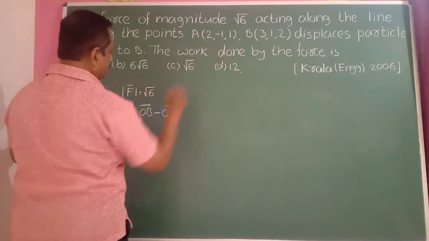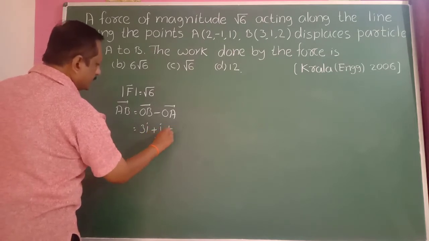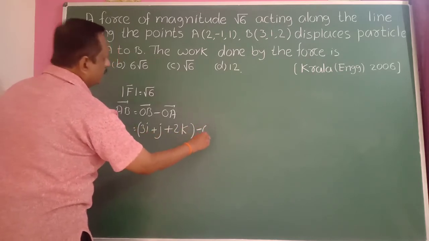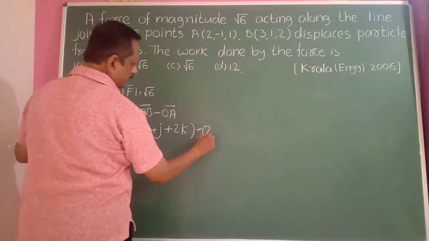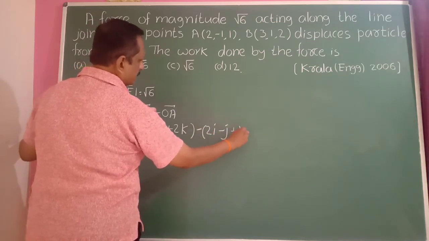OB is 3i plus j plus 2k, minus OA, which is 2i minus j plus k.